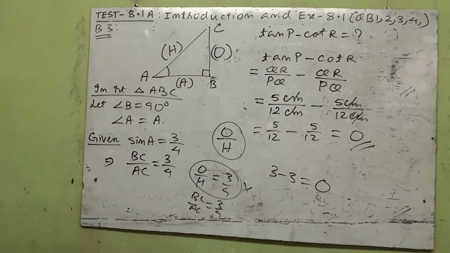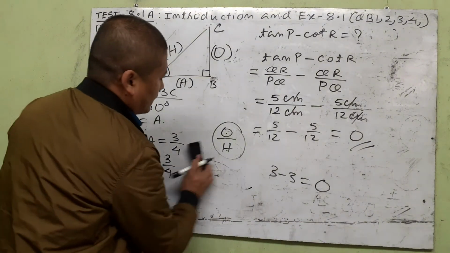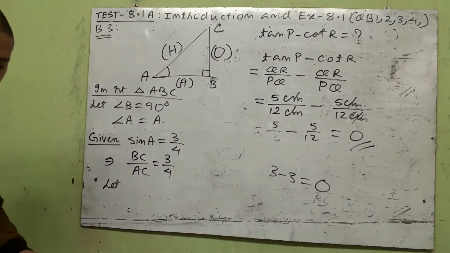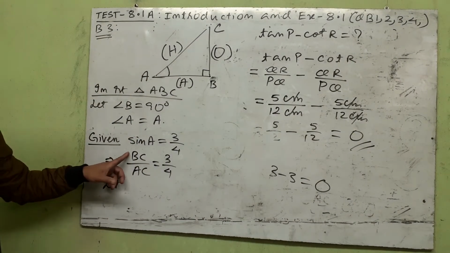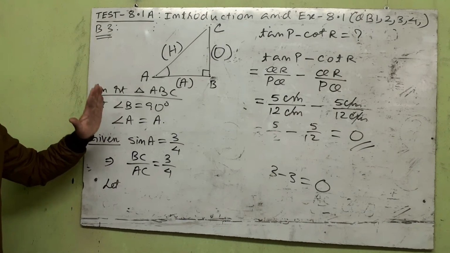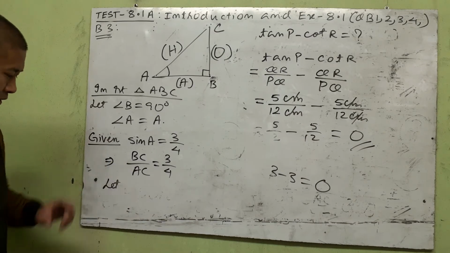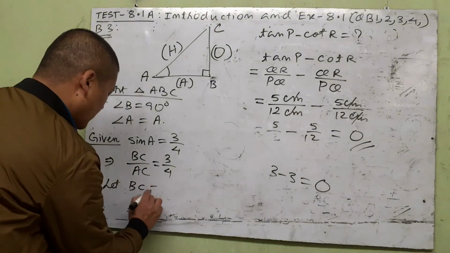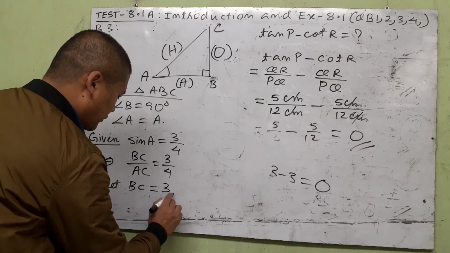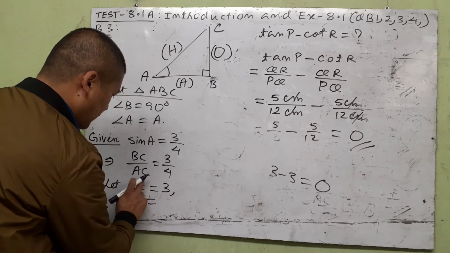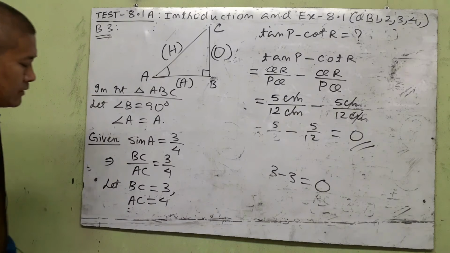3 by 4. Now once you're through with that, we will assume the numerator. In a fraction, the upper part is called the numerator, the lower part is called the denominator. So the numerator is BC, corresponding to 3 units. So let's assume BC equal to 3, and then AC, the denominator, 4 units.